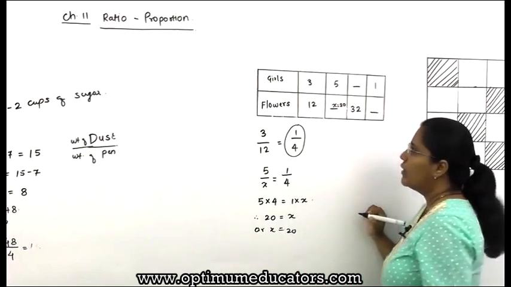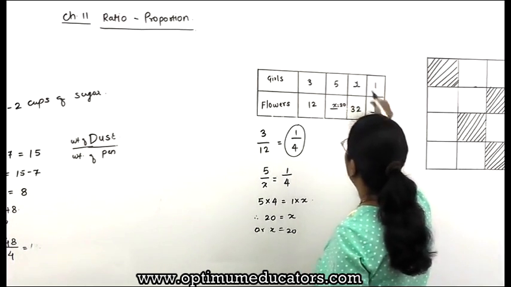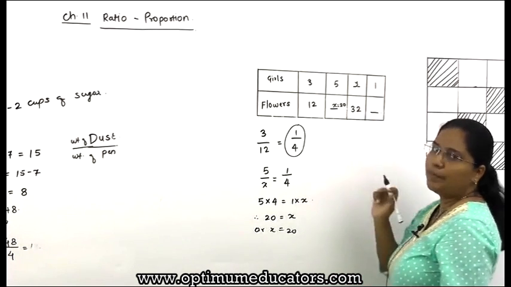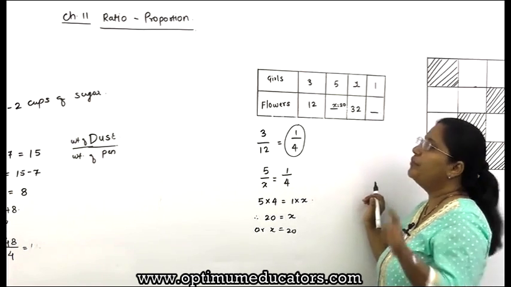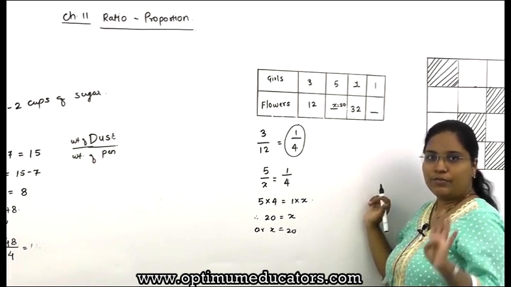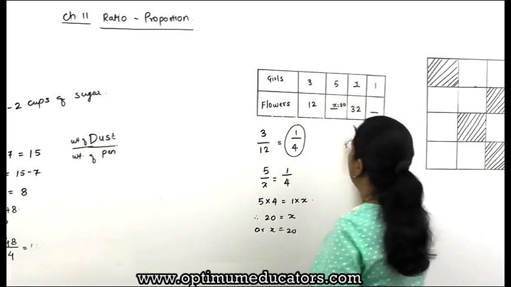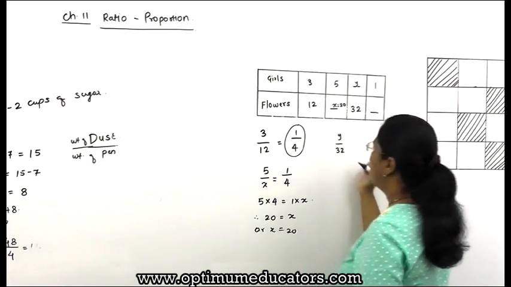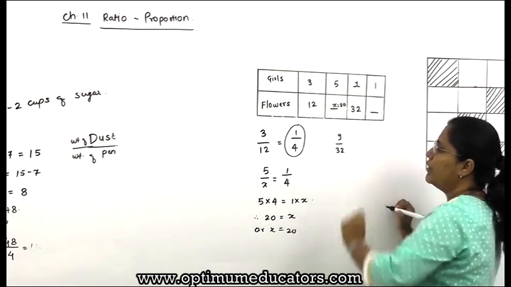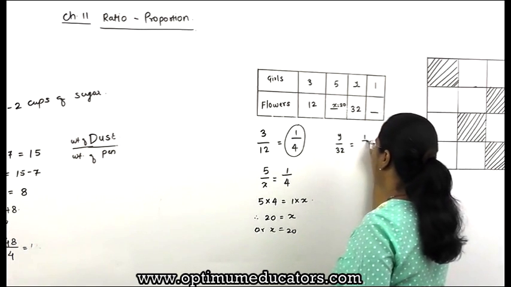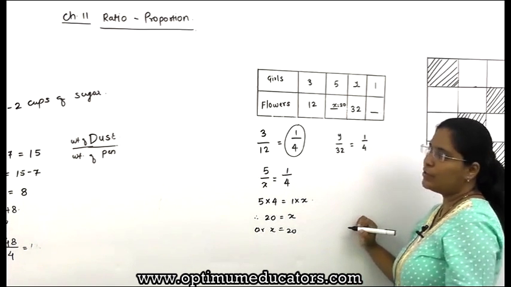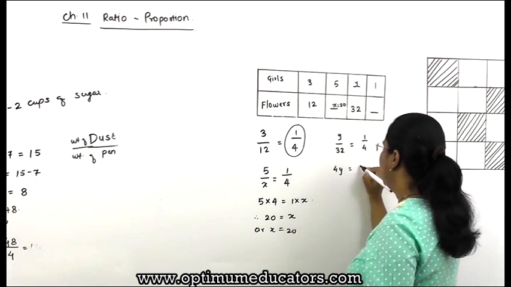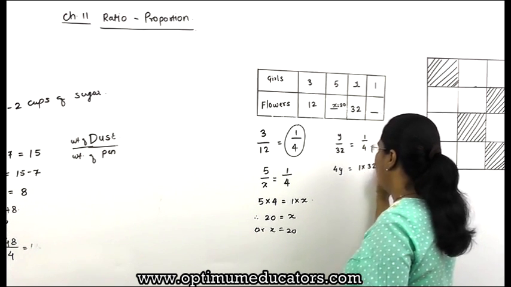Now what if the number of flowers is 32, how many girls should be present so that each girl gets 4 flowers? Again I will write this: y upon 32 is equal to 1 upon 4. Let us cross multiply. 4y is equal to 1 into 32.